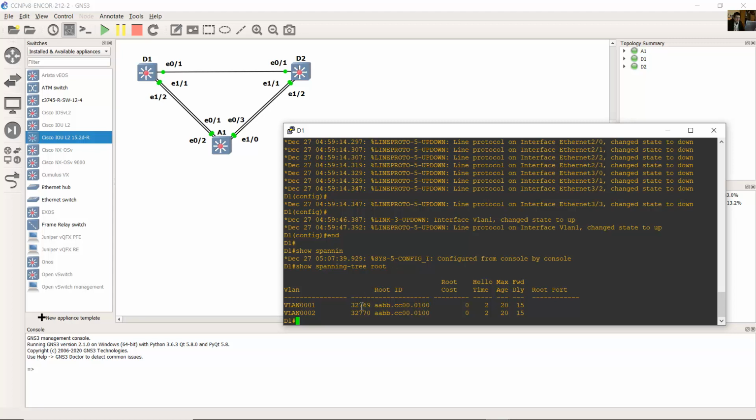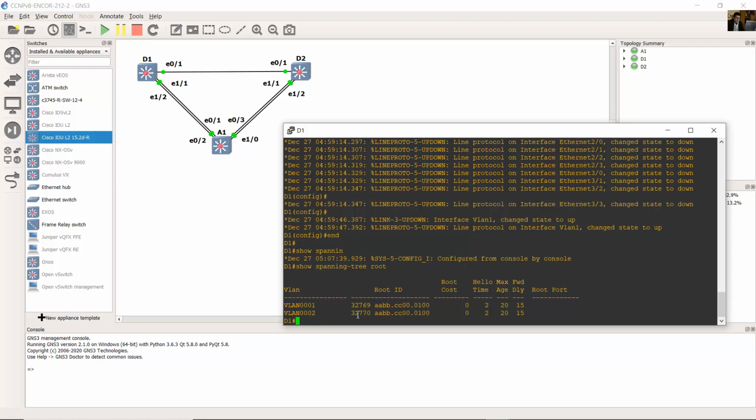Okay, this is the root ID. 32,769. The default is 32,768 plus 1 for VLAN 1, and the MAC address.